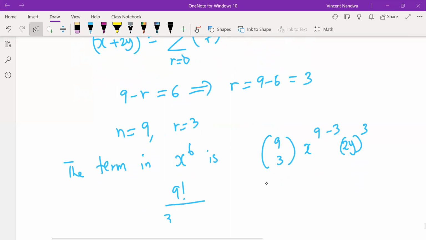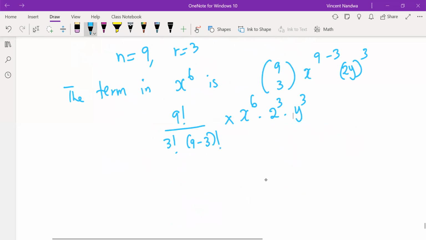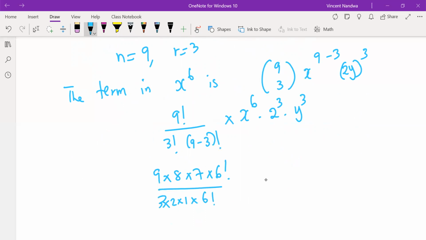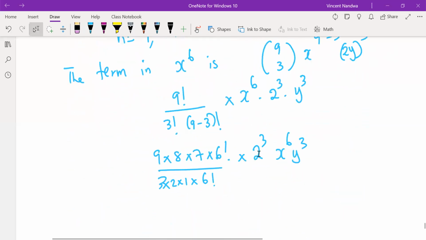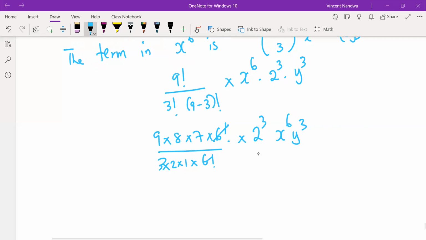So 9 factorial over 3 factorial times (9 − 6) factorial... that is, 9 times 8 times 7 times 6 factorial over 3 factorial times 6 factorial, times 2^3 x^6 y^3. Cancelling, 12 times 7 is 84.